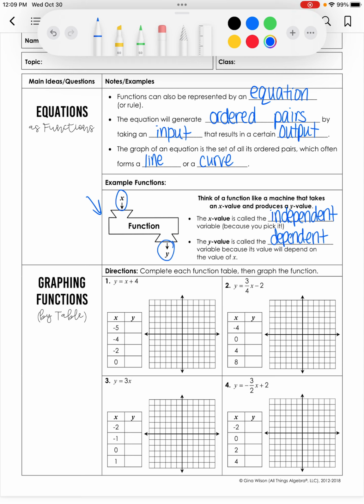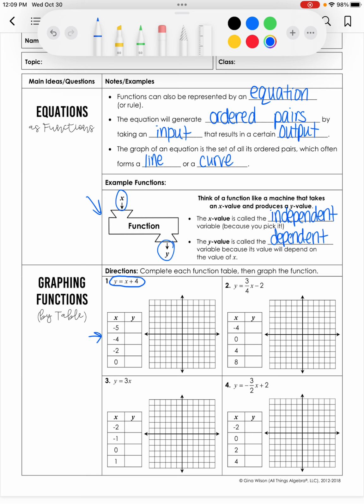So what we're doing today is we're going to be graphing functions by making tables. So we're going to be seeing an equation, and the first equation that we have here is y equals x plus 4. And we have a table that already has the x values for us. So what we're going to be doing is taking the function y equals x plus 4, and we're going to be replacing in the following x values for that function's x, and then solving it out.